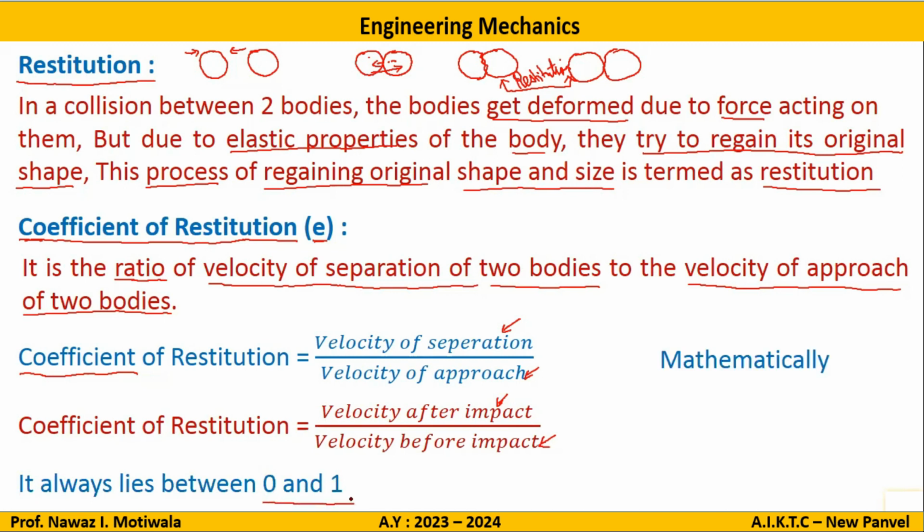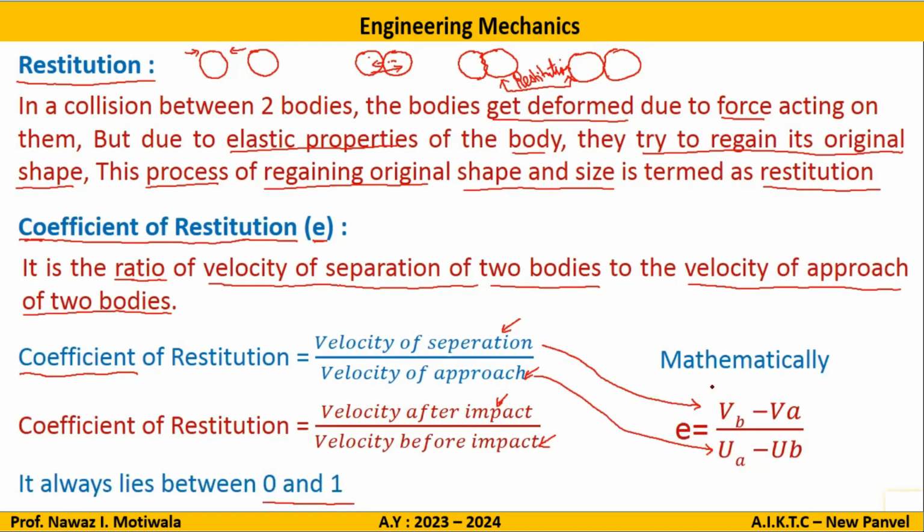The mathematical formula for the coefficient of restitution is given by e = (VB - VA) / (UA - UB). Here, velocity of separation, or velocity after impact, is VB minus VA, and velocity of approach, meaning initial velocity, is UA minus UB. So this is the formula for the coefficient of restitution in terms of velocities.